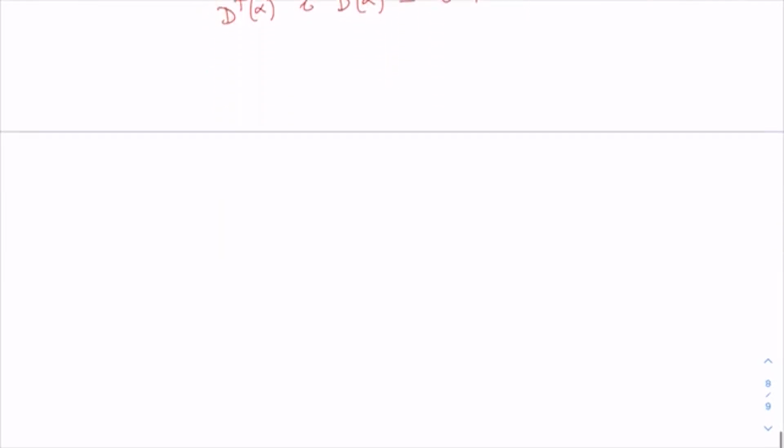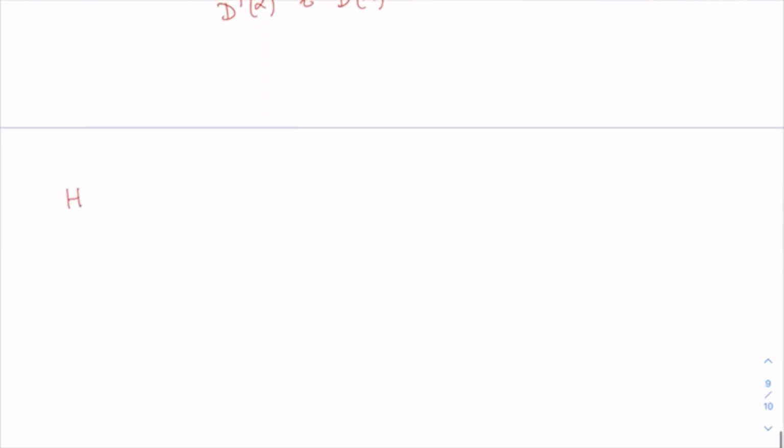So using these relations we can show that H Na D alpha Nb is equal to Na D alpha times, and here we can show that we get an expression like this.